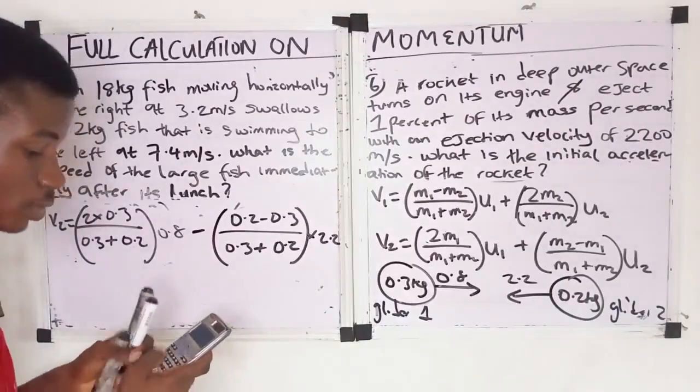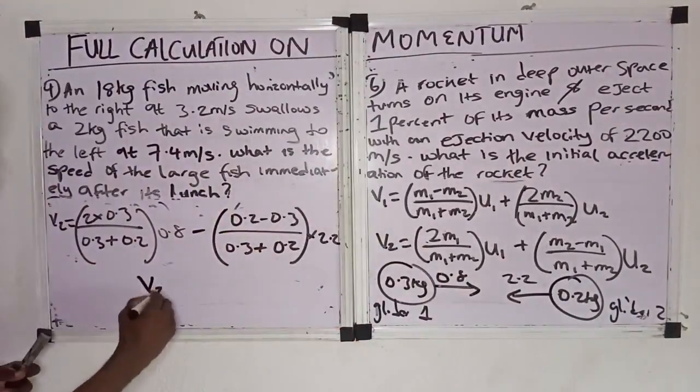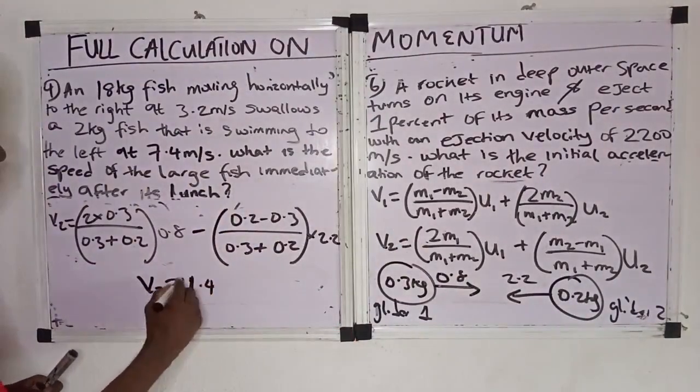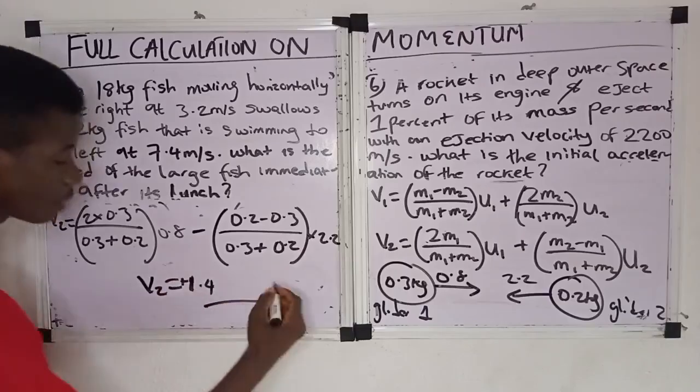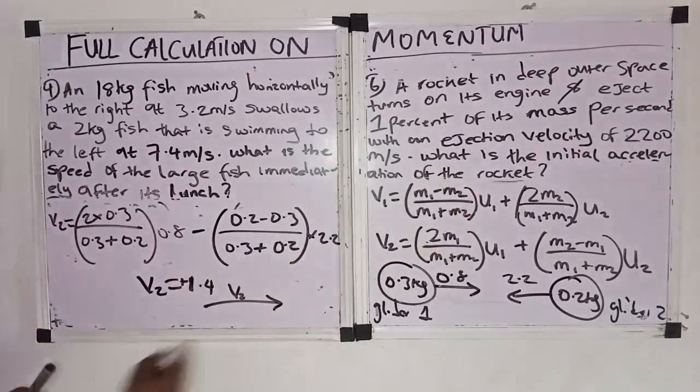If we do everything, we get positive 1.4, that is plus 1.4. So the second glider is moving towards the right direction, towards the east.